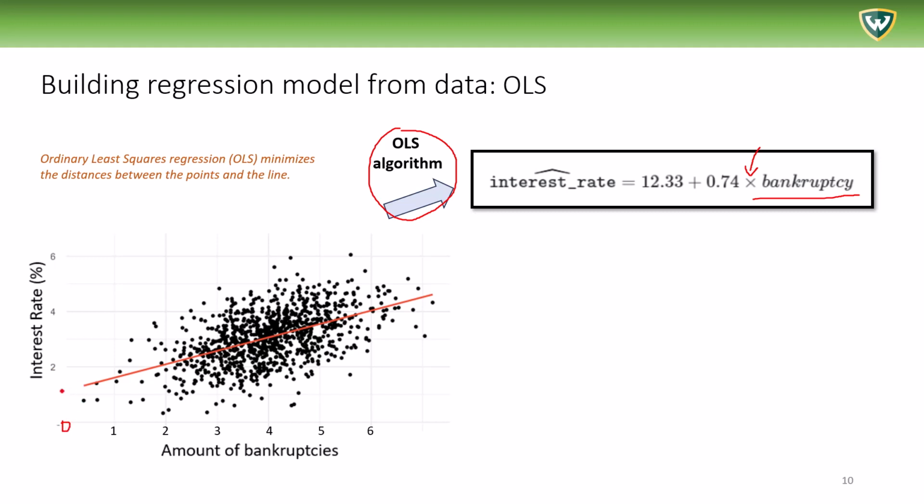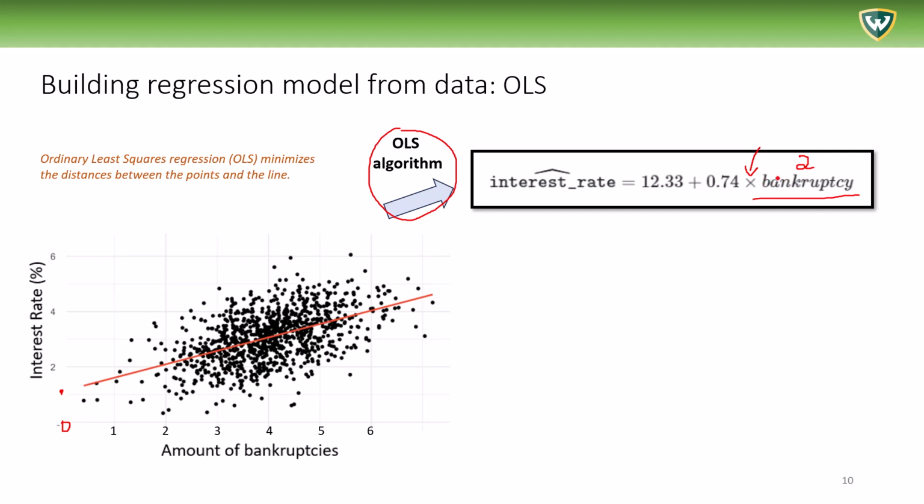So if a person has 0 bankruptcy, then the y-intercept would be here, which is equal to 12.33, the interest rate. Now, what if a person has 1 bankruptcy? Well, then it's 12.33 plus 0.74 times 1. So it's just 12.33 plus 0.74. What if the person has 2 bankruptcies? Then this will be 2, and it will be 12.33 plus 0.74 times 2, so about 1.5. So the interest rate will be as such.